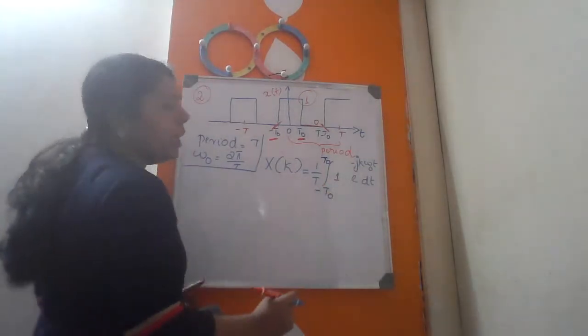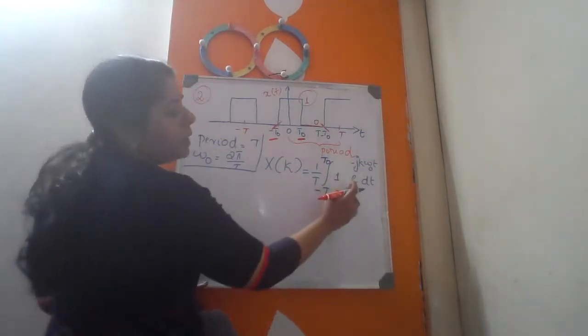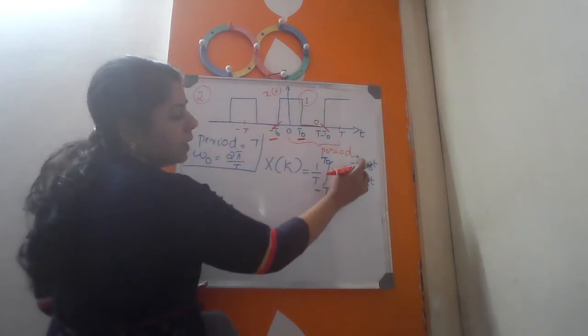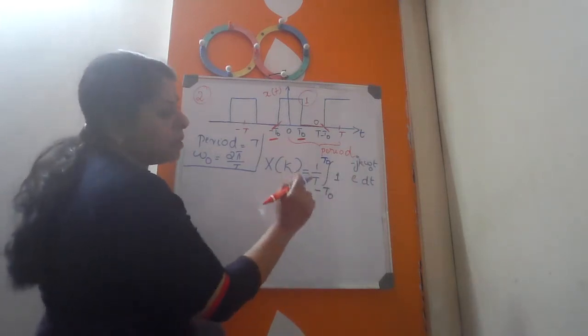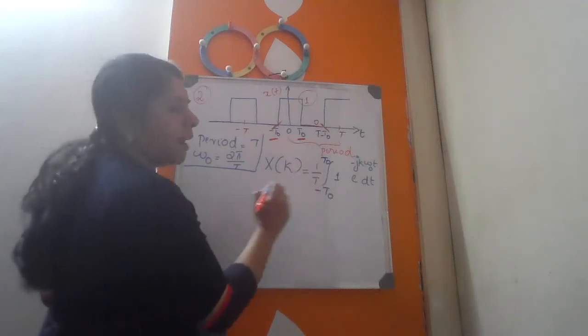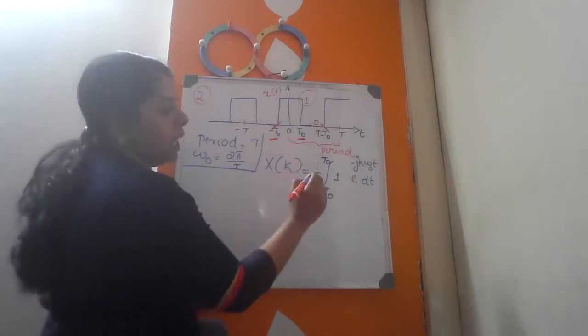Now integrate this one. You know the integral of e power minus j k omega naught t: it will be e power minus j k omega naught t divided by minus j k omega naught.